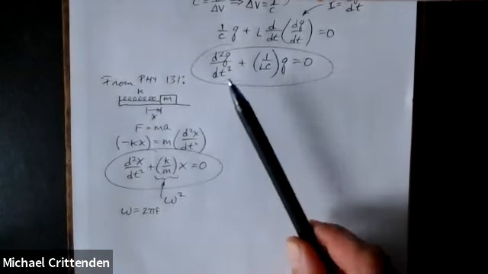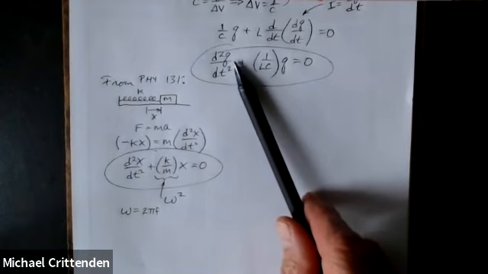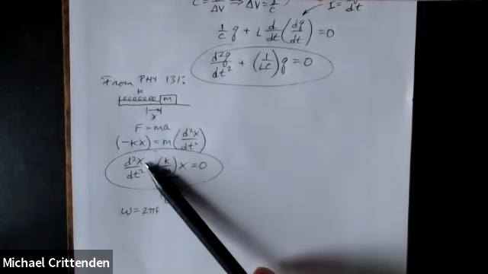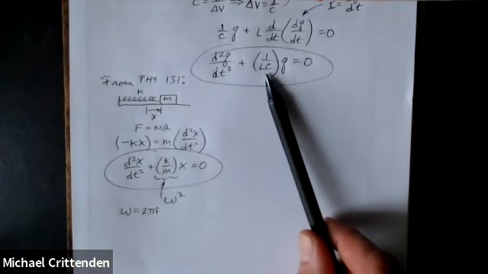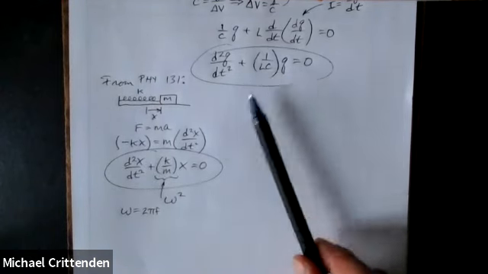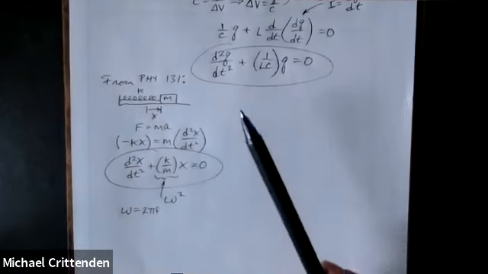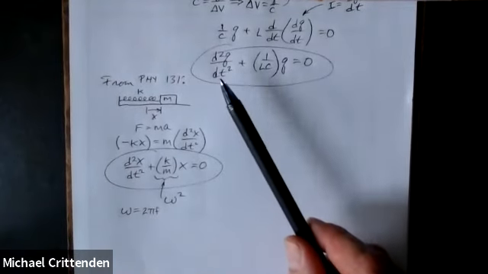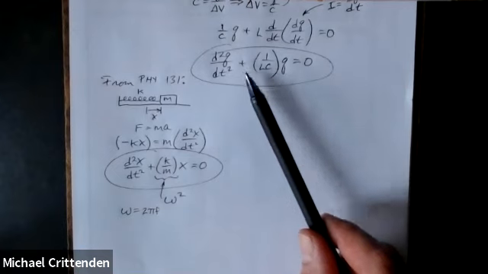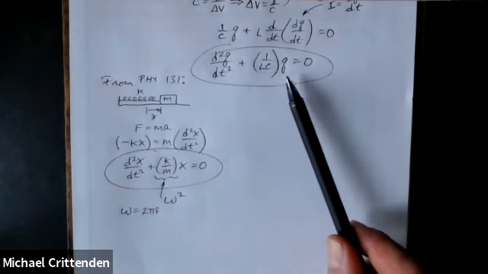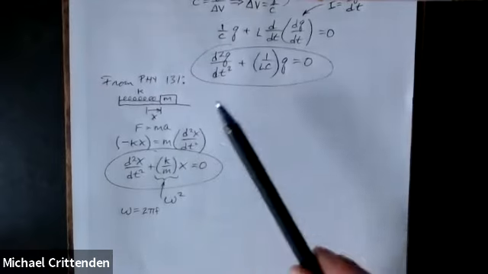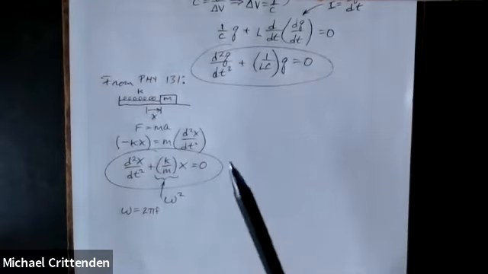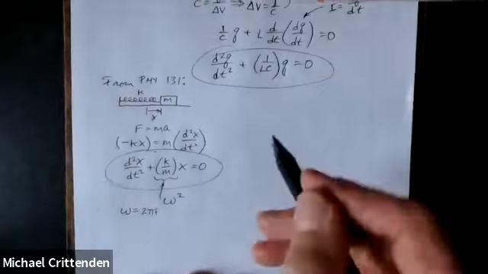It's just here, I'm calling my variable q. Here, I'm calling my variable x. Here, the constant coefficient is this. Here, the coefficient is that, but in both cases, it's the second derivative plus some constant times the variable itself equals 0. It's the same equation, so it has the same solution.